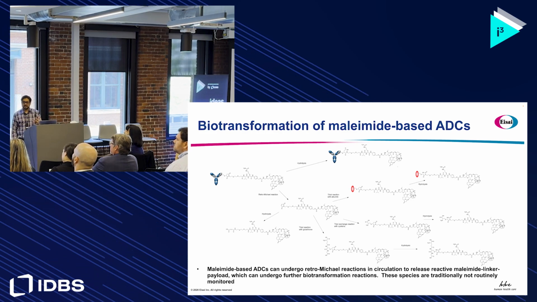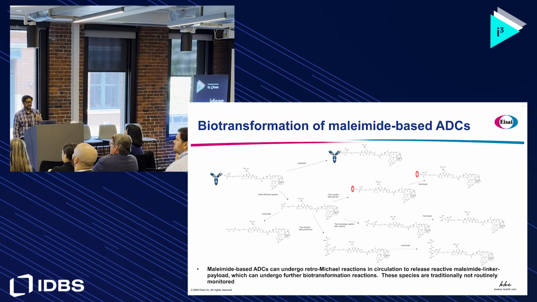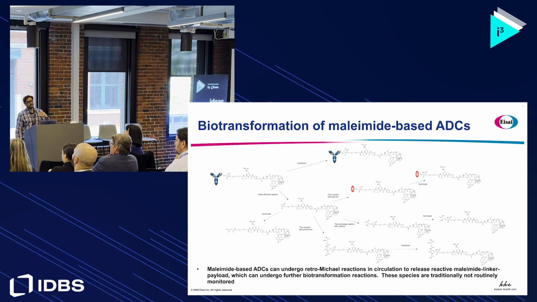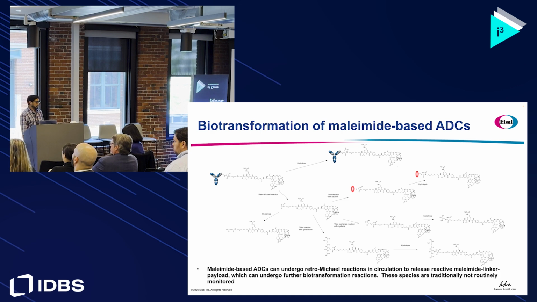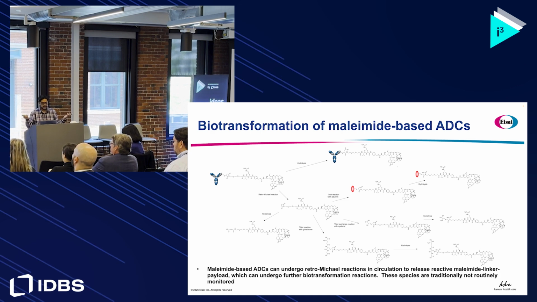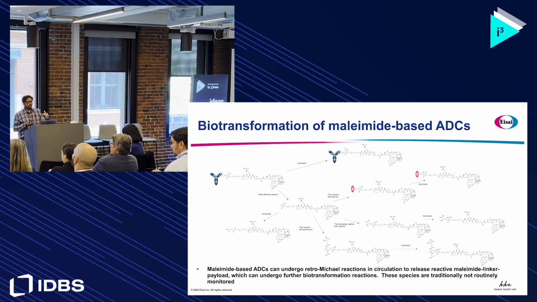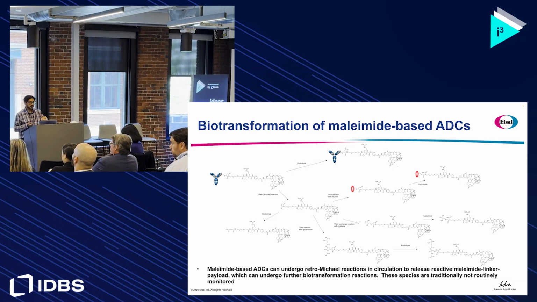Specifically, the linker payload structure can get cleaved in circulation, and they can get released. And then after that, they can react with glutathiones, cysteines, and albumin, and can become whole new drug analytes, right? These are very important, and we want to account for this as well.